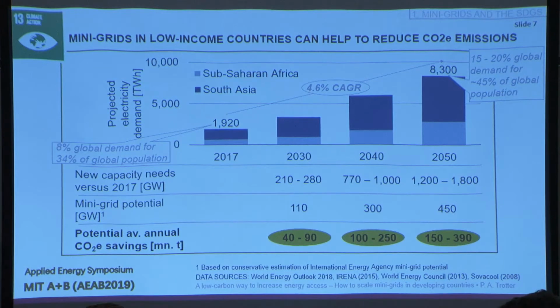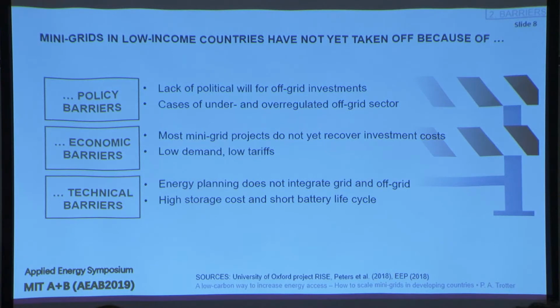It's a back of the envelope calculation, but you see annual savings of up to about 390 million tons, and this is an annual average. So of course, by 2050, they will be much higher than that because of the increase in demand. So that gave you a rough idea of the potential impact of mini-grids for both energy access and climate.